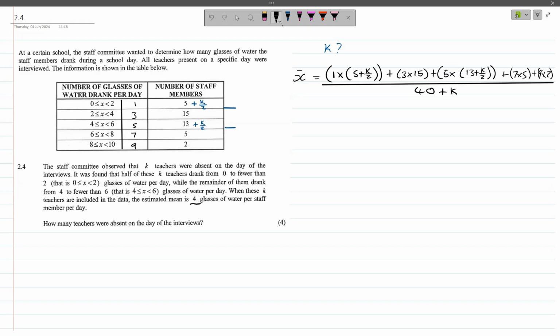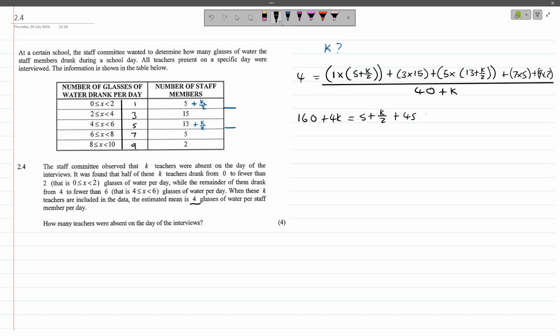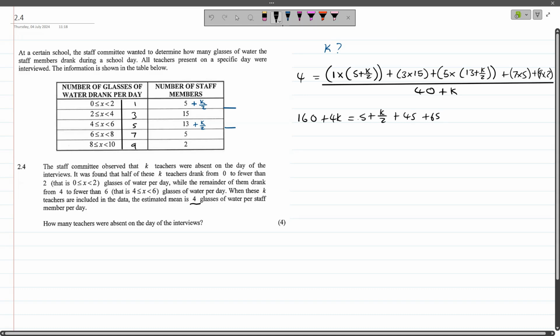So we solve this equation by making that 4, multiplying both sides by 40 plus K, which would give us 160 plus 4K is equal to 5 plus K over 2 plus 45 plus 65 plus 5K over 2.